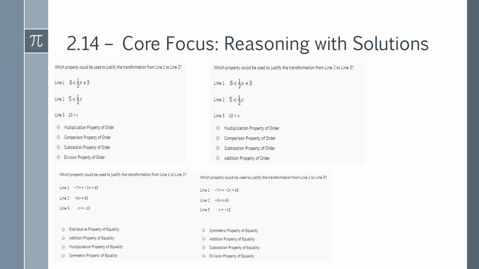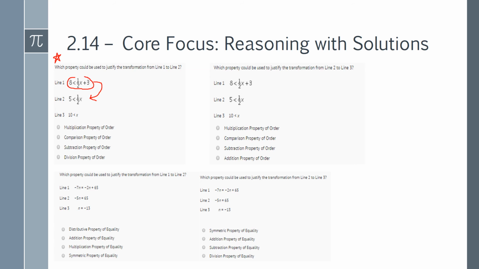So which property, and again, just try to focus one at a time. These are just some different examples. So looking at the top left right now, which property could be used to justify the transformation from line 1 to line 2? So ignore line 3. Okay, we're going to do that later. Right now, we just care about what happened between here and here.